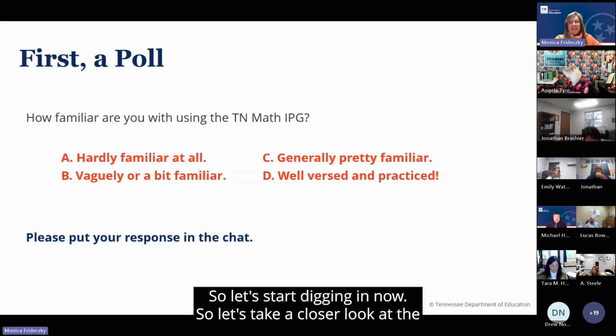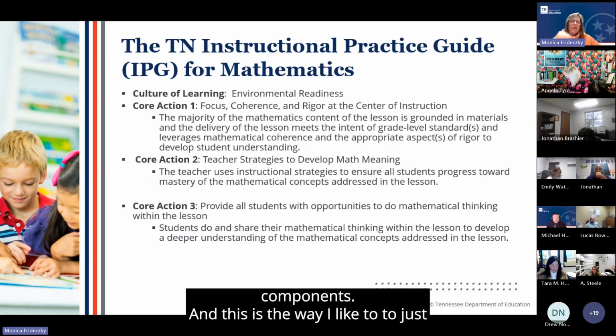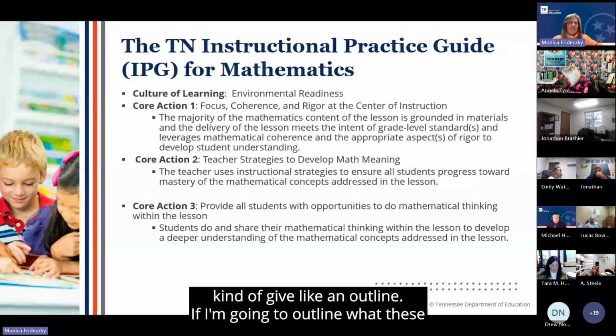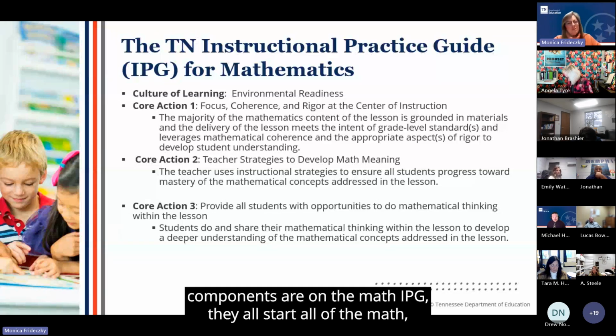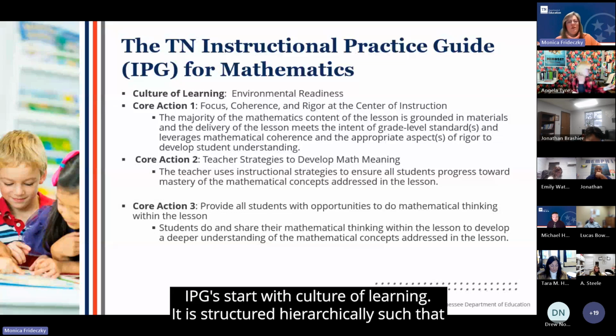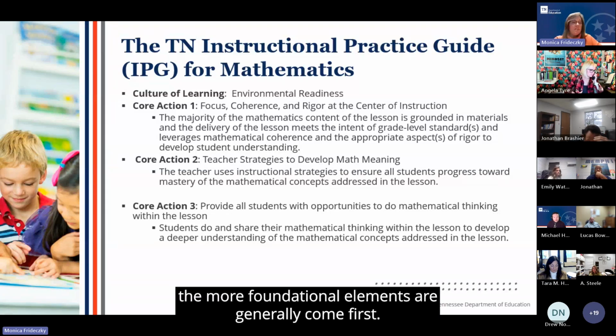So let's start digging in now. Let's take a closer look at the components, and this is the way I like to give an outline. If I'm going to outline what these components are on the math IPG, all of the IPGs start with culture of learning. It is structured hierarchically such that the more foundational elements generally come first.